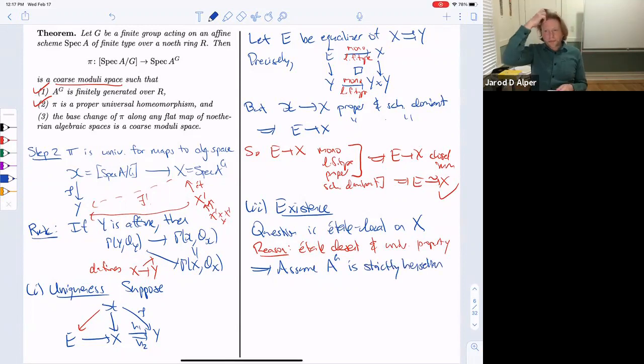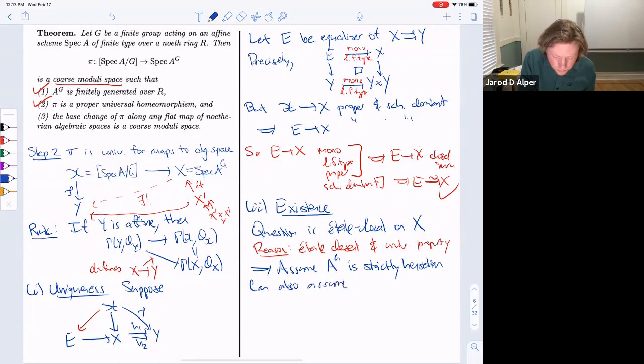And we can also assume that Y is quasi-compact.